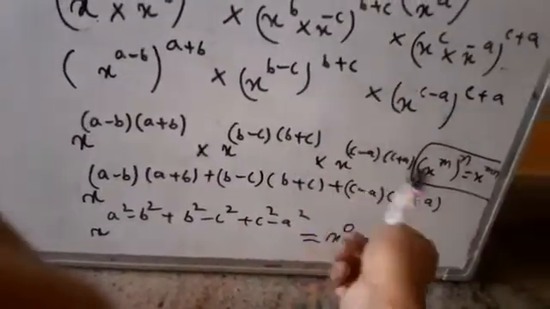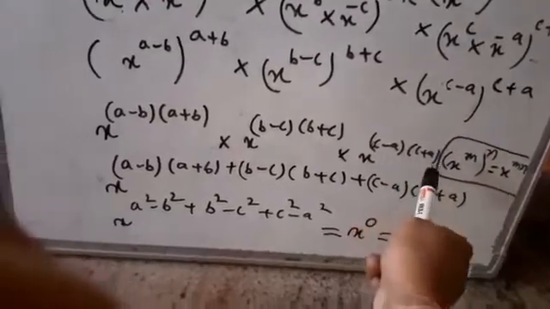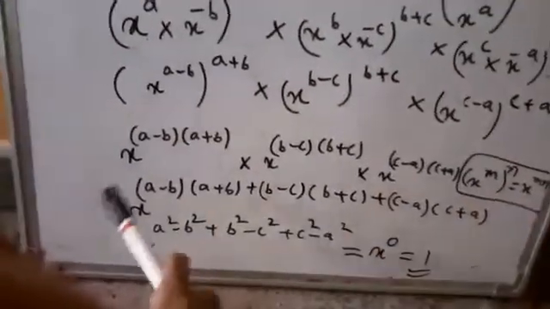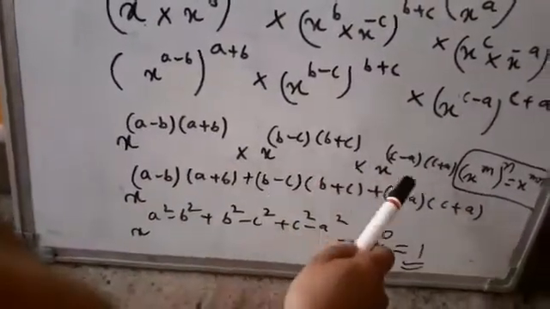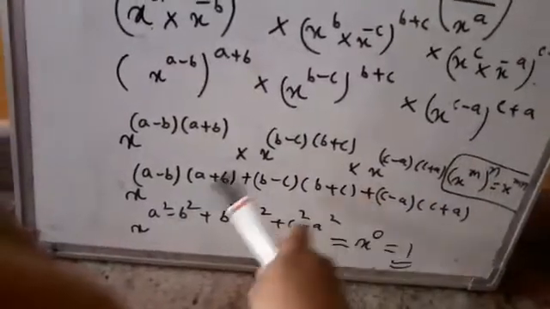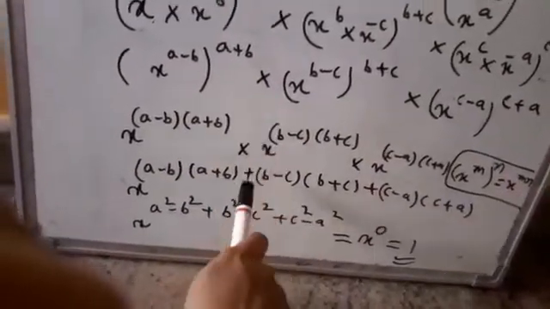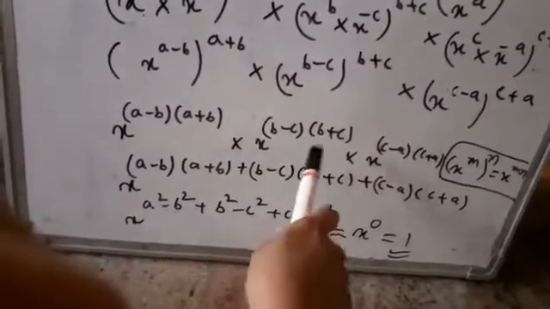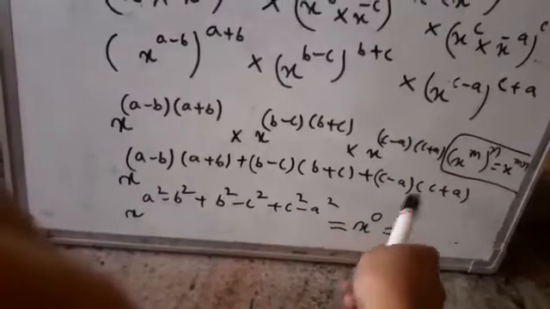Into, again, same formula, x to the power of c minus a into c plus a. Here also x, here also x, here also x, same base. So that's why powers are added. So x to the power of a minus b into a plus b, plus b minus c into b plus c, plus c minus a into c plus a.